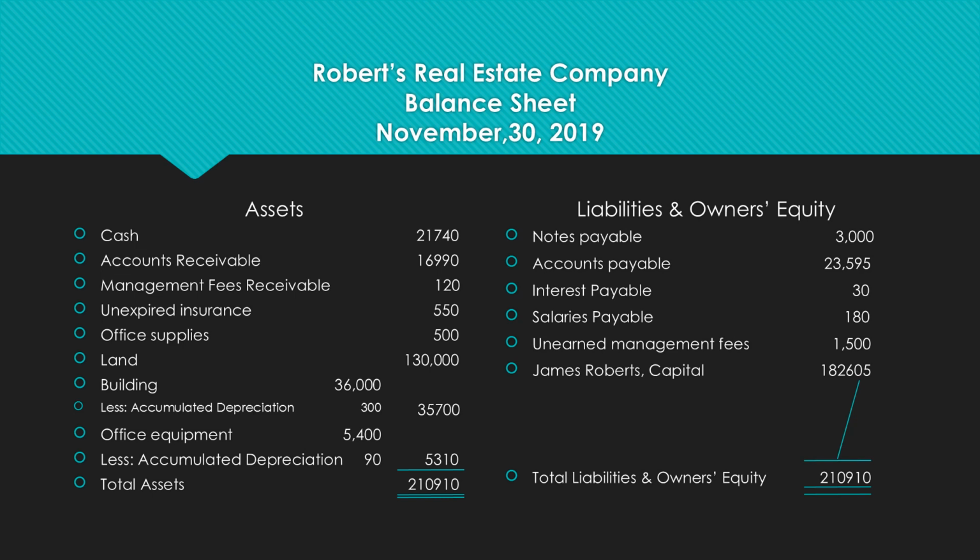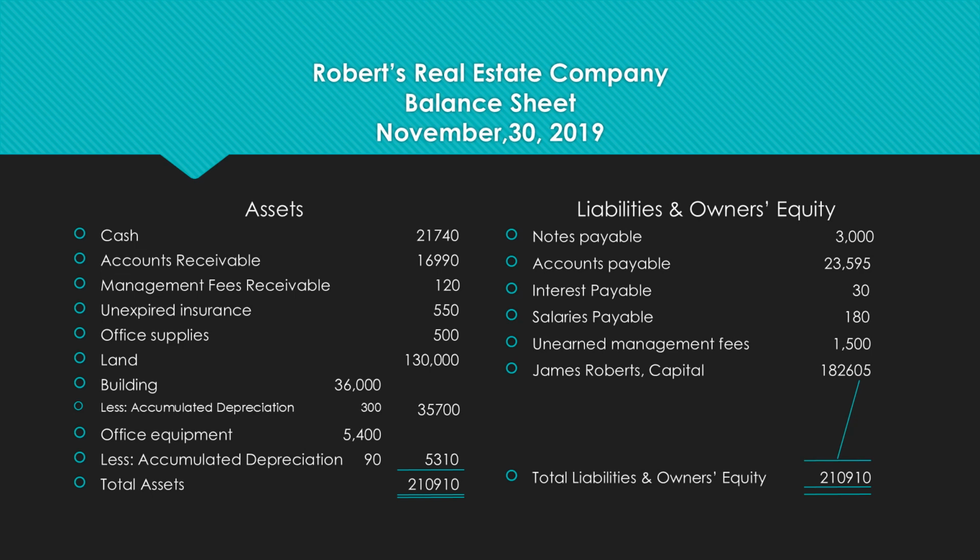Now on the credit side we have shown liabilities and owner's equity. In liabilities, first, notes payable; these values are also taken from the credit side of the adjusted trial balance. Notes payable 3,000, accounts payable 23,595, interest payable 30, salaries payable 180, unearned management fees 1,500. That's all about the liabilities. Then finally we have shown James Roberts capital at the end of November.